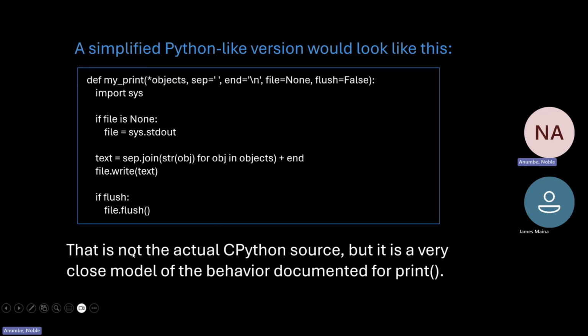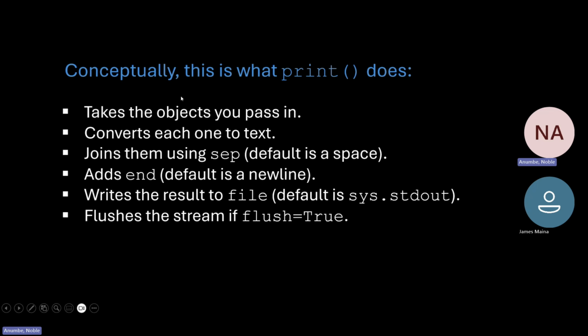So like I said, this is not the actual CPython source code, but it's a very close model of the behavior documented for print. But why am I actually talking about all of this? I'm saying all of this to mean that when you see print, print doesn't stand alone. It has something underlying that is driving it and making it possible.